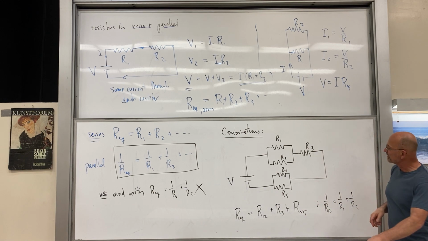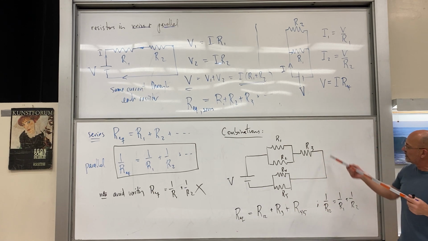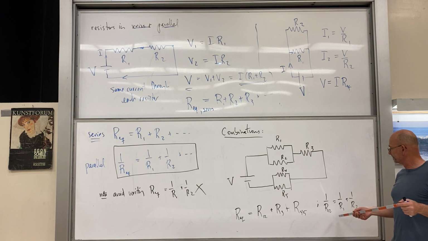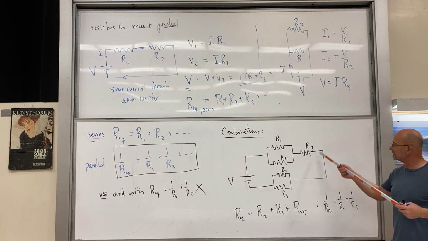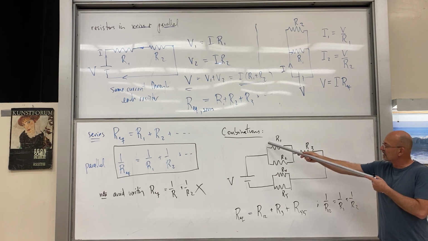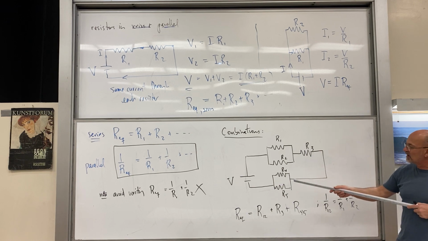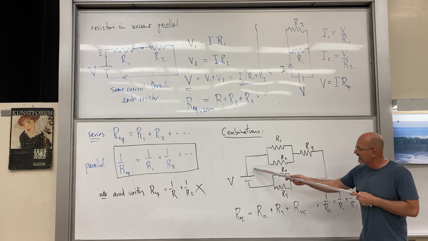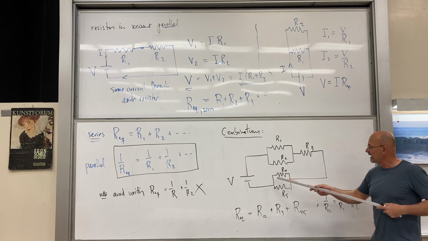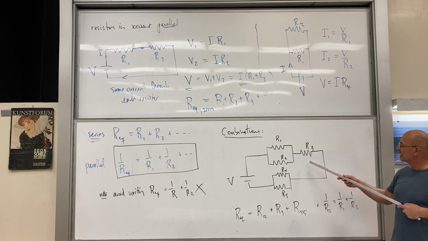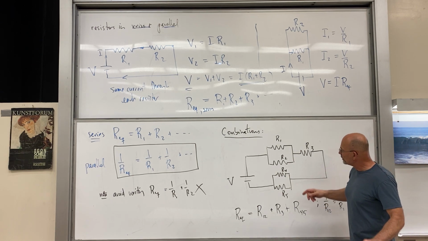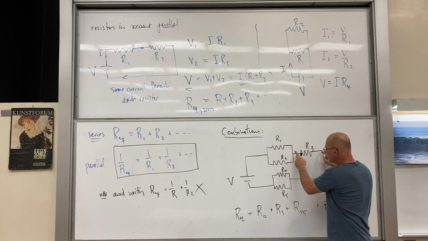And once you have these combinations, once you have this whole thing analyzed, you can continue on and use Ohm's law to get the total current. And once you have the total current, then you can get the voltage drops across each of these.